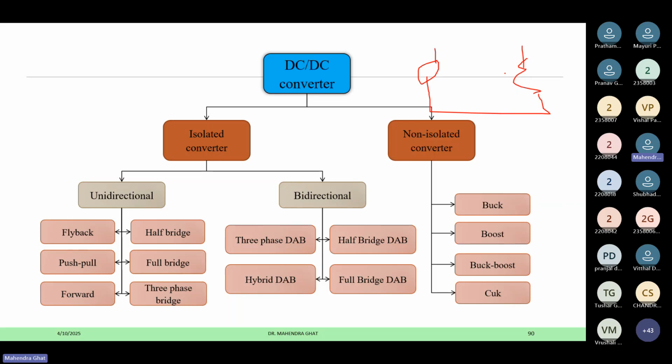Isolation means electrical isolation. How can we give electrical isolation in any converter? As electrical engineers, we know we can give isolation with a very high impedance. If I have a very high impedance, that also gives isolation between the input and output, but with that high impedance we will not be able to transfer any power from the input side to the output side.